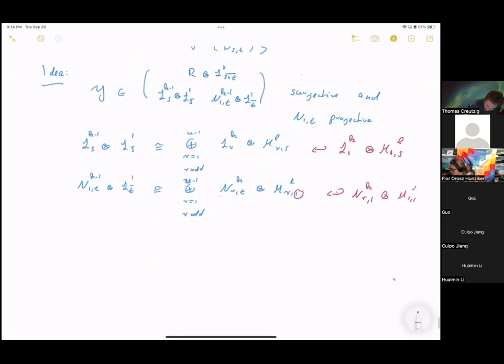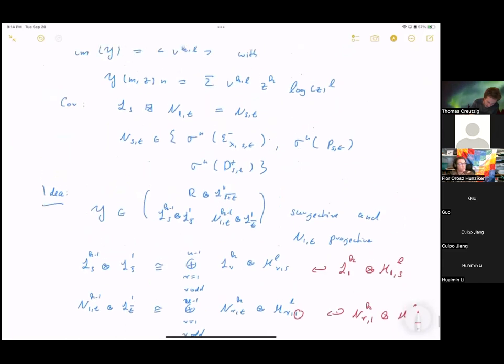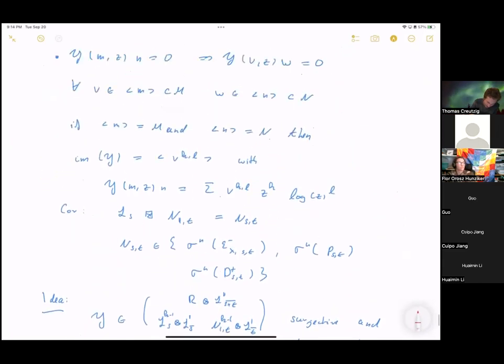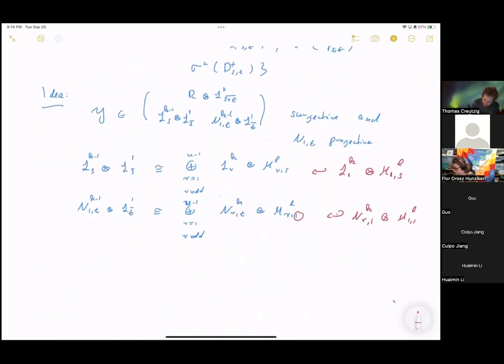Remember, 1, 1 is the notation for the Virasoro algebra itself. So what do I want to do? I want to use this lemma where I choose v and m and n to be vectors in these two summands.